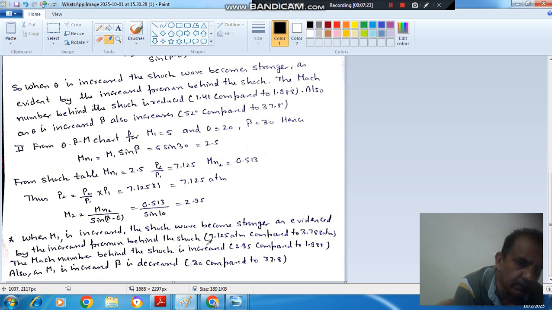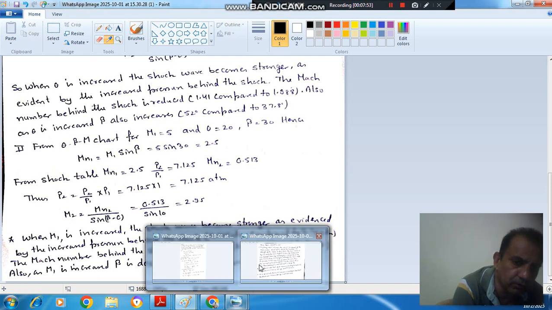And the Mach number behind the shock also increases, now 2.95 as compared to 1.988. So as M1 is increased, beta is decreased. It was 37.8 in the first question, now it is 30. So these are the results.